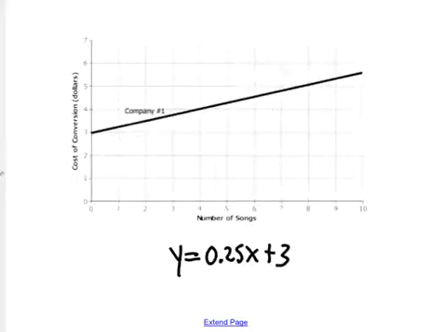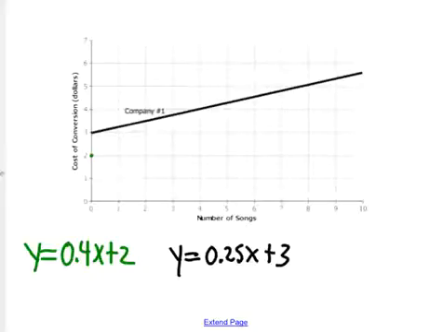Now, that second company, I'll do in green, their equation was y equals 0.4x plus 2. So that tells me that their initial condition, it would be cheaper to use them if I bought no songs, because I would spend $2.